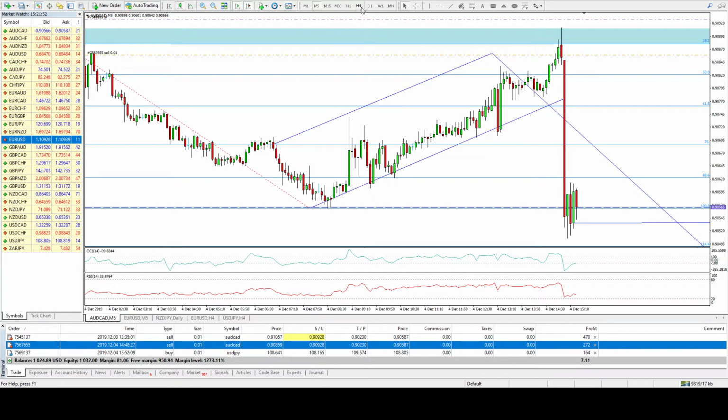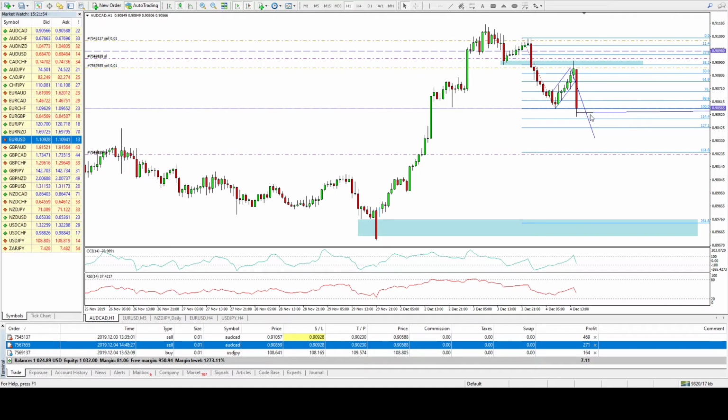Okay, we want this level to break. So what we want is the price to go below 90.53.